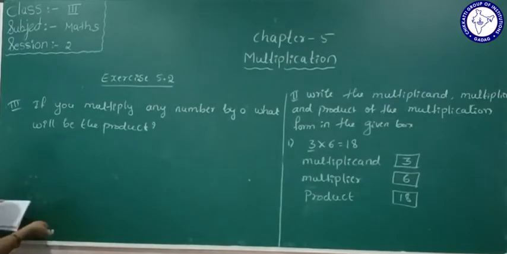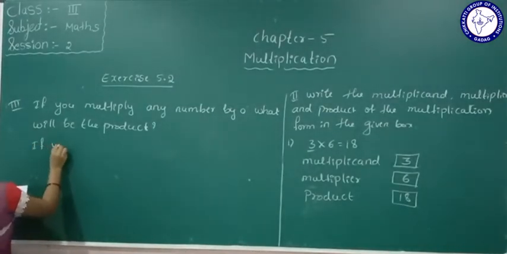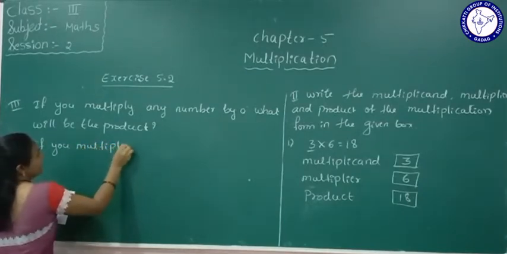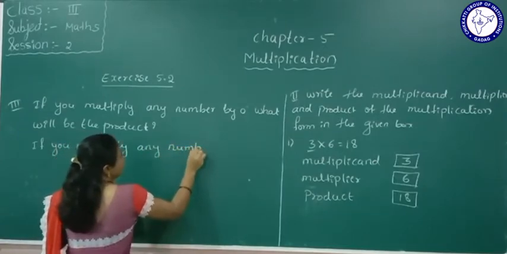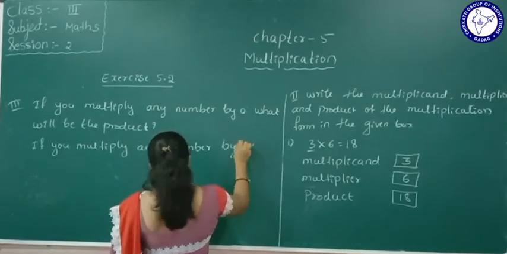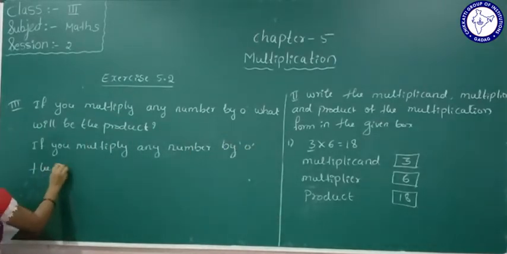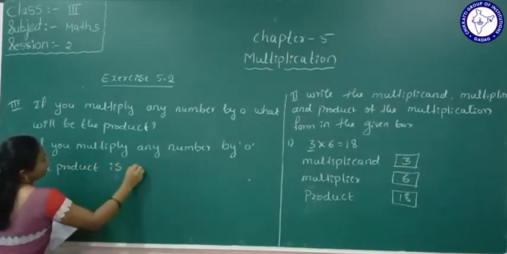Here see students, if you multiply any number by 0, the product is 0 only.